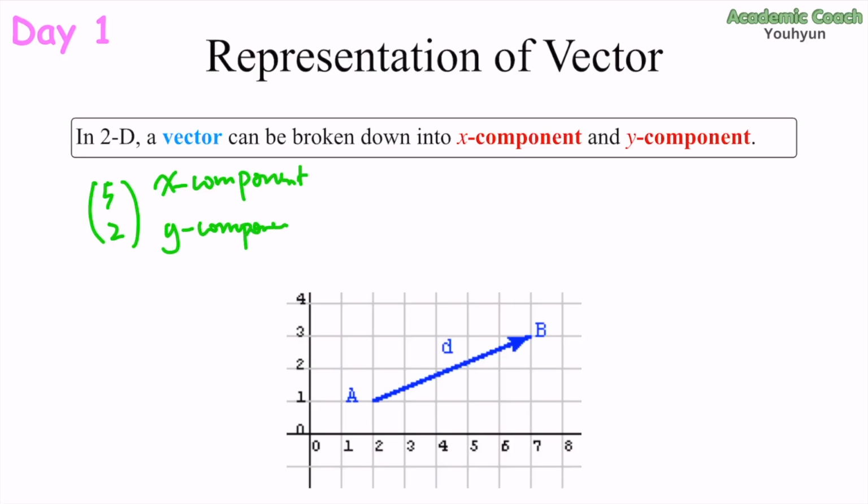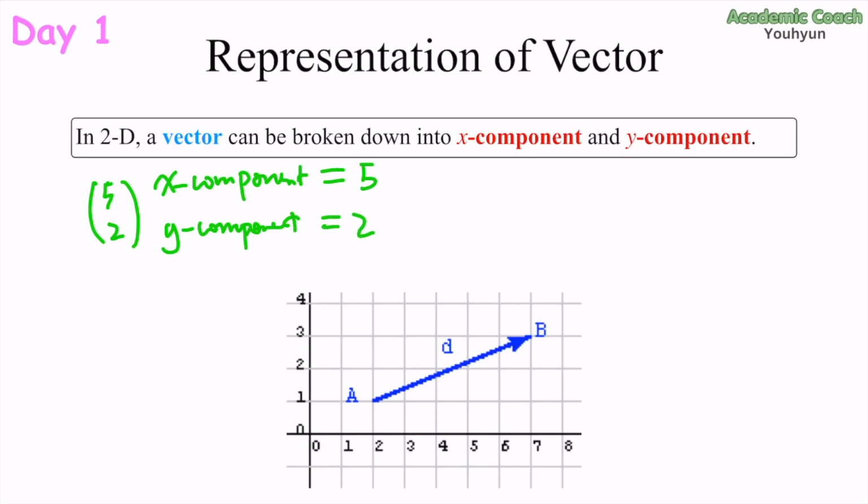So we always set up this XY coordinate in two-dimensional in physics, and we can break down the vector into by how many units it moves towards x-axis, and by how many units it moves towards y-axis. So x component is positive 5 and y component is 2 in this case.